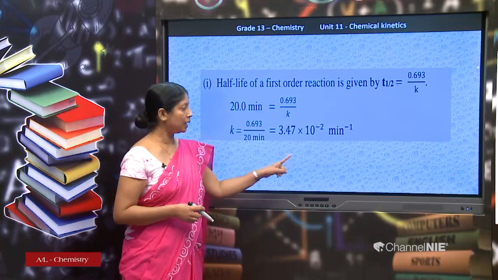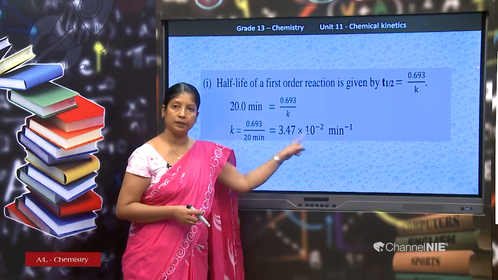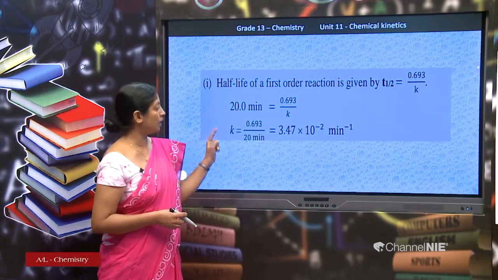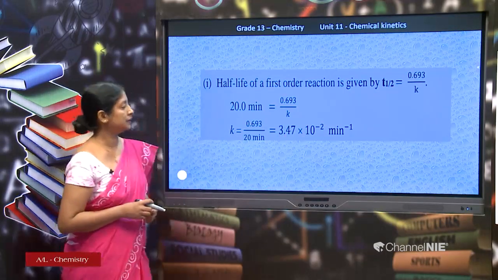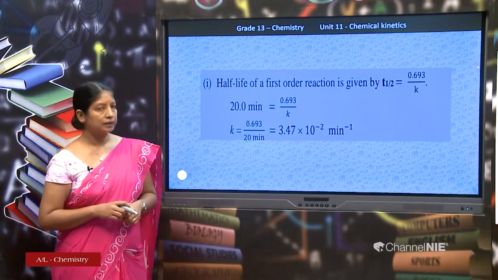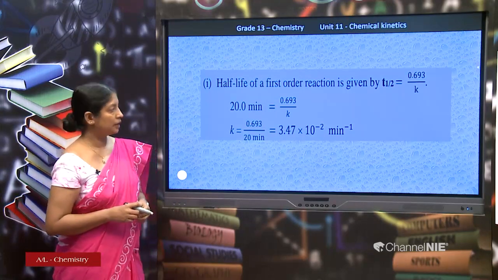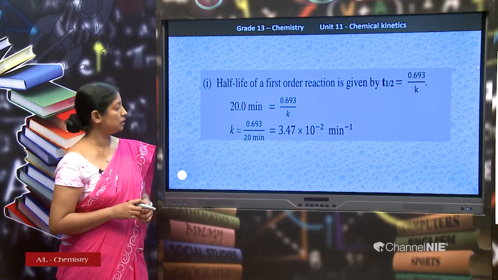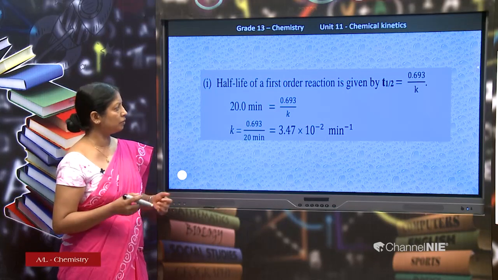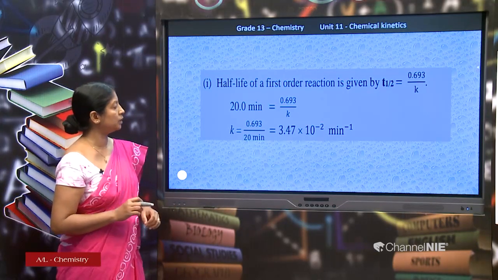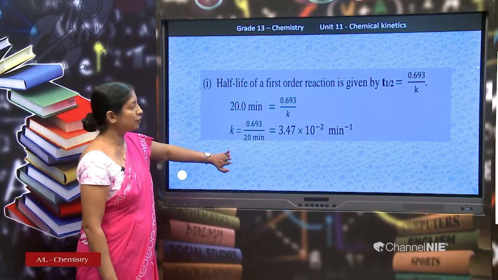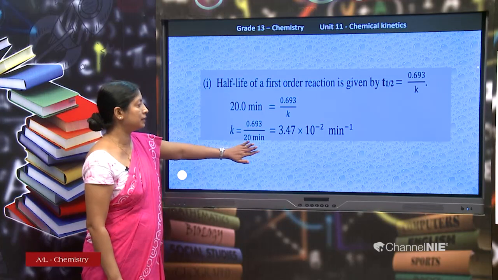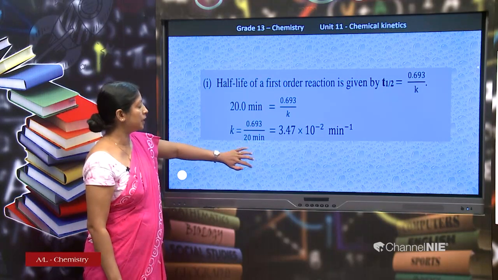If you substitute in minutes, the answer will be this one. If you want it in seconds, you need to divide this by 60. In the exam, you can substitute the half-life in whatever unit is given, with no need for unit conversion unless they specify. So that is our first part: to calculate the rate constant, we simply substitute the half-life.